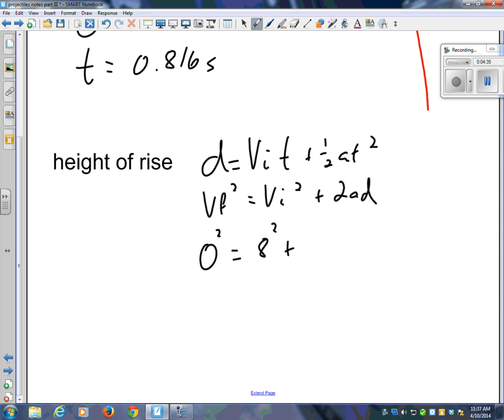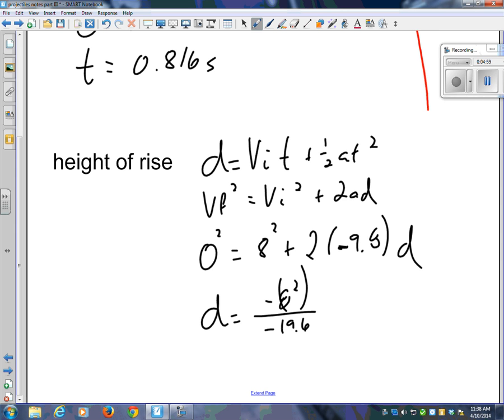So 0 squared is equal to 8 squared plus 2 times minus 9.8 times D. It should be the same thing. We can check it out. So this is going to be 64 minus 19.6 D. The 8 squared goes over, and then to get rid of the 2 times minus 9.8 times D, you have to divide.